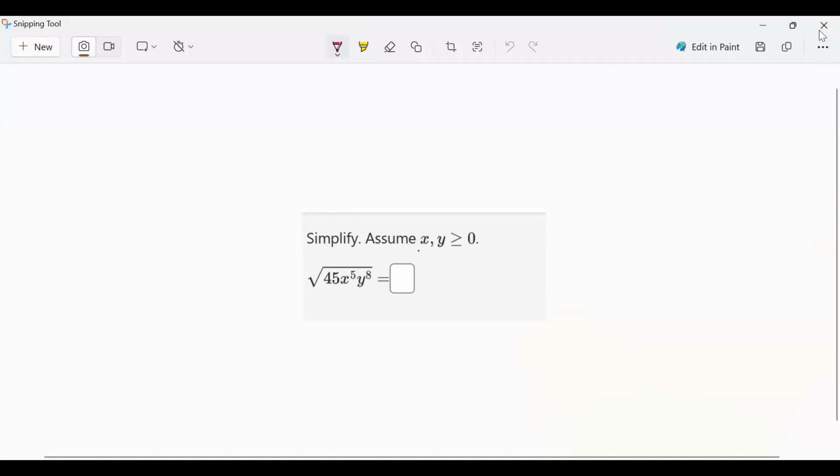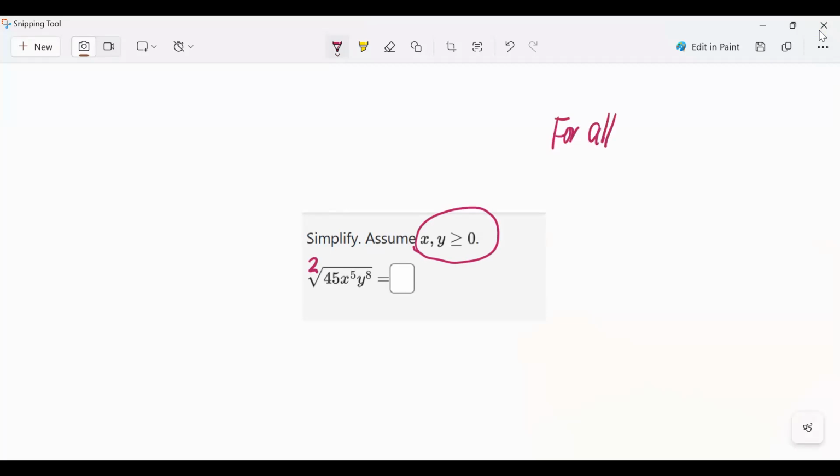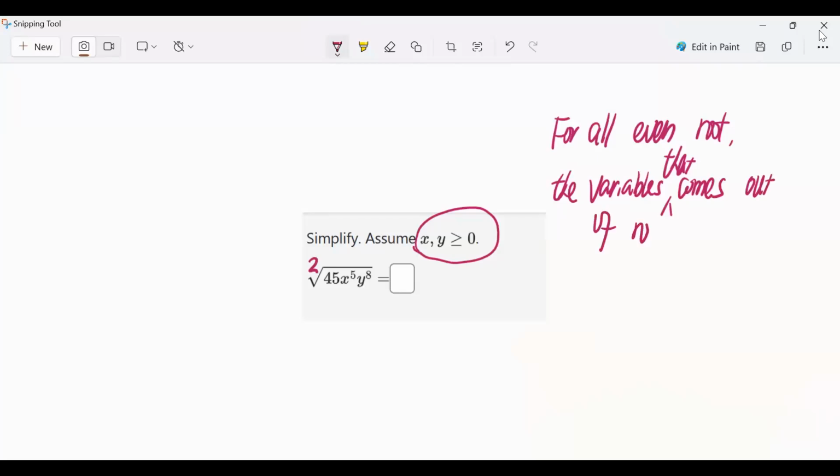Notice that this is needed because for the square root, whatever comes out of the root must be positive, for all even roots. This is the only restriction for even roots: the variable that comes out of the root must be positive.